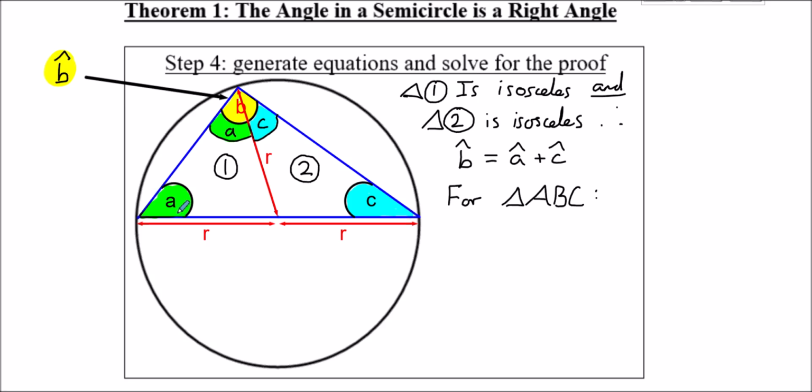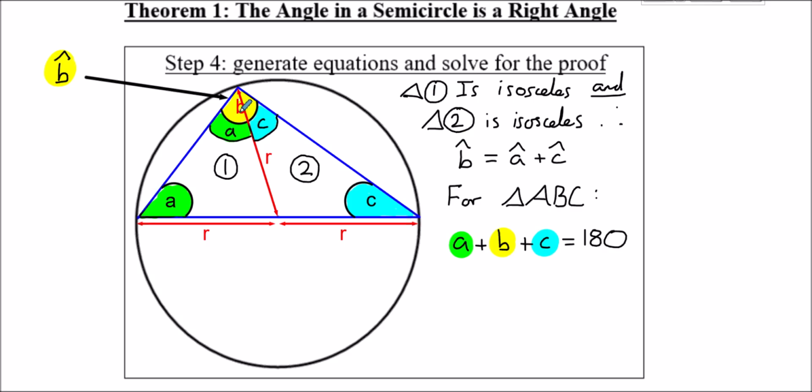And so A plus B plus C will add up to 180, quite obviously. So A is in green, B is the angle which is in yellow, and C is this blue one.